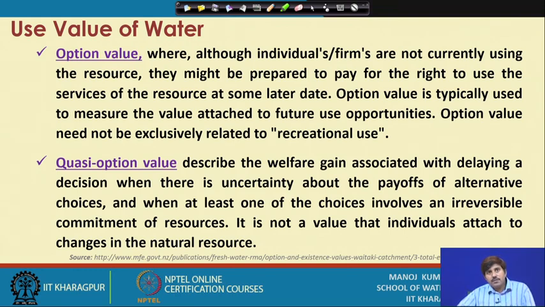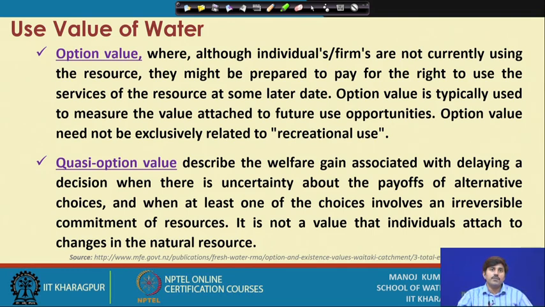The option value which we are talking about is basically, although the water is not currently in use, people might be prepared to pay; option value typically is the measure of value attached to future use opportunities. Okay. It is not limited to recreational future uses, it is attached to future uses of any form, even consumptive or non-consumptive, or direct or indirect in situ form.